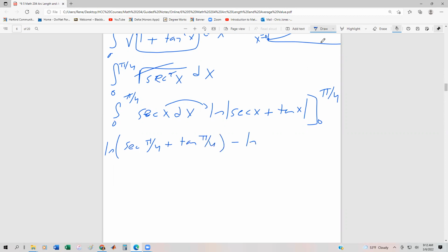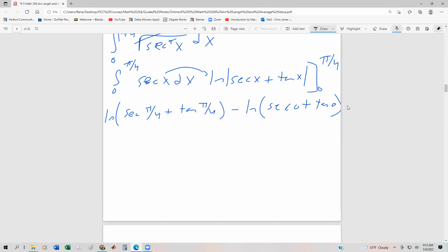At this point, we have to remember what's happening at 0 on our unit circle, and also what's happening at pi fourths. The good news is we're in quadrant 1. When theta is 0, that's the point (1, 0). And at pi fourths, we have root 2 over 2, comma root 2 over 2. So we just go to our unit circle.